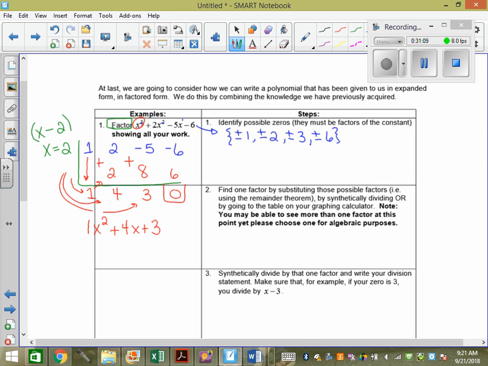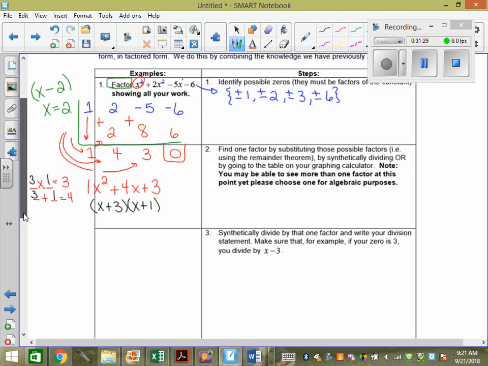And then I say, what times what equals 3? What plus what equals 4? What's it going to be? 3 and 1. I'm going to get x plus 3 and x plus 1. I don't have to do decomp because there's a 1 in front. So those are my factors.